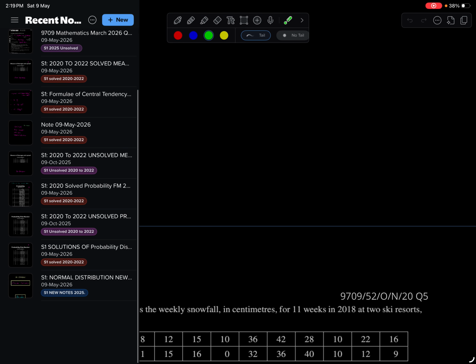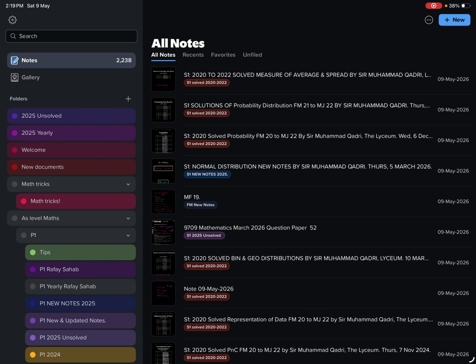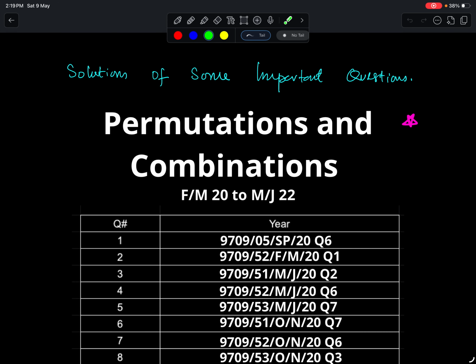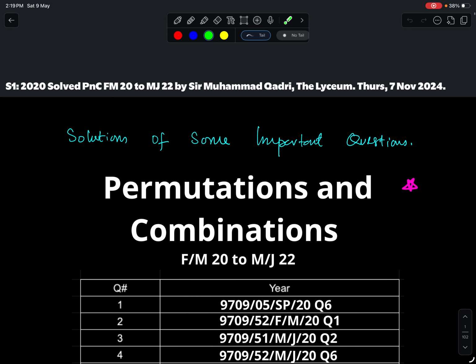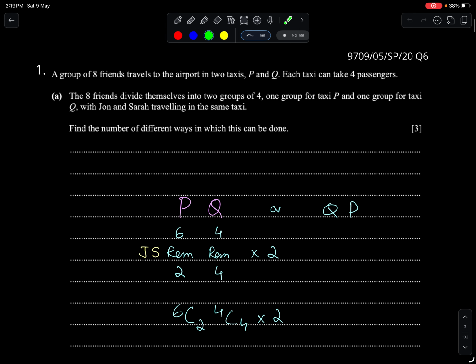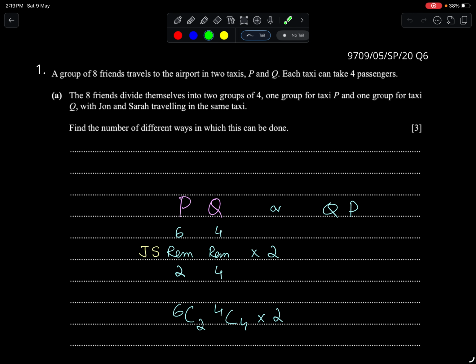Now finally we have permutation and combination. Alright, 1 minute break, then I will continue this, okay? 1 minute please.